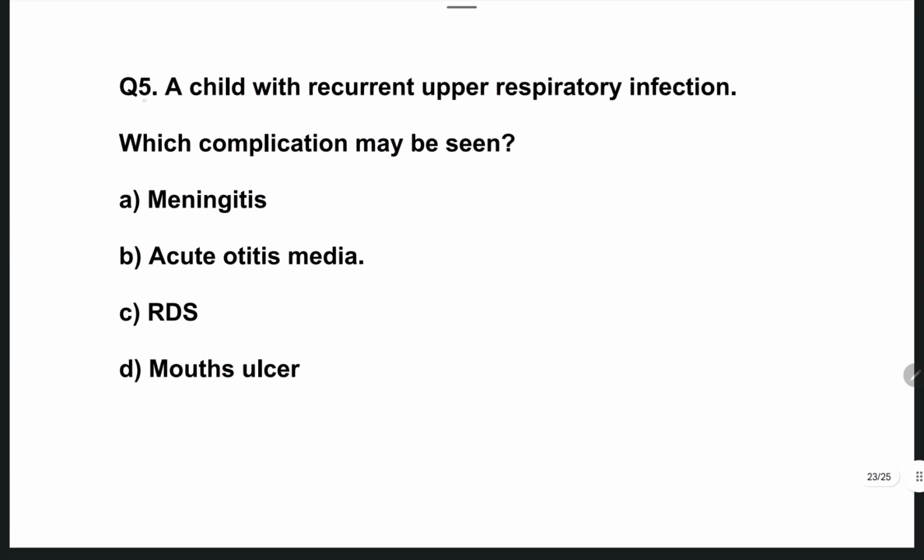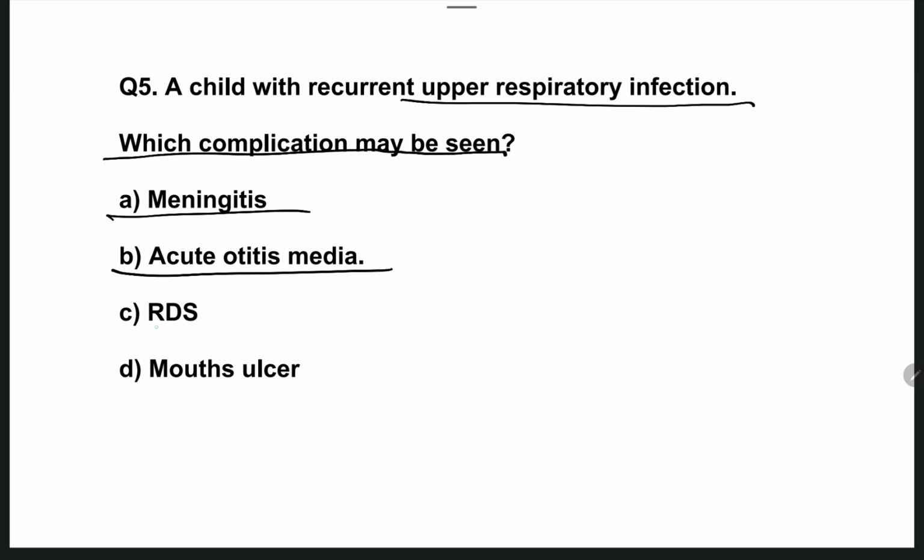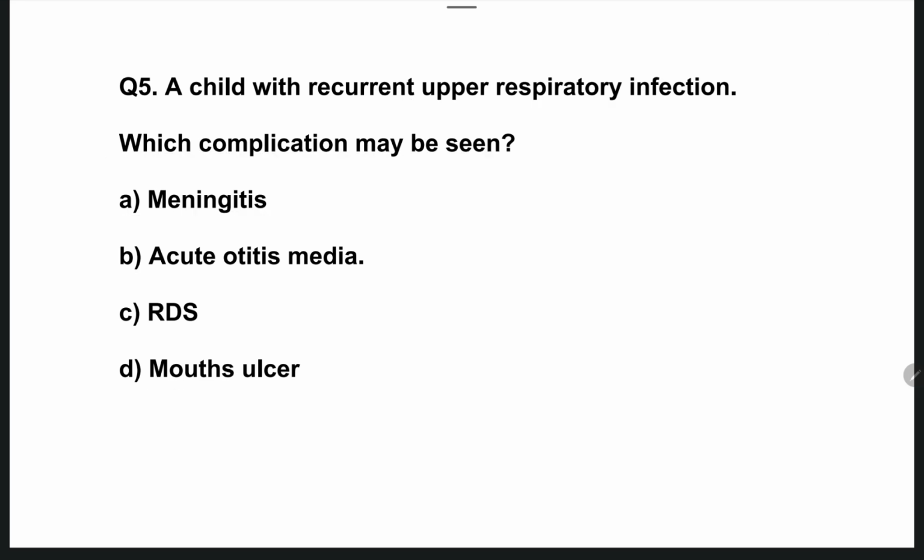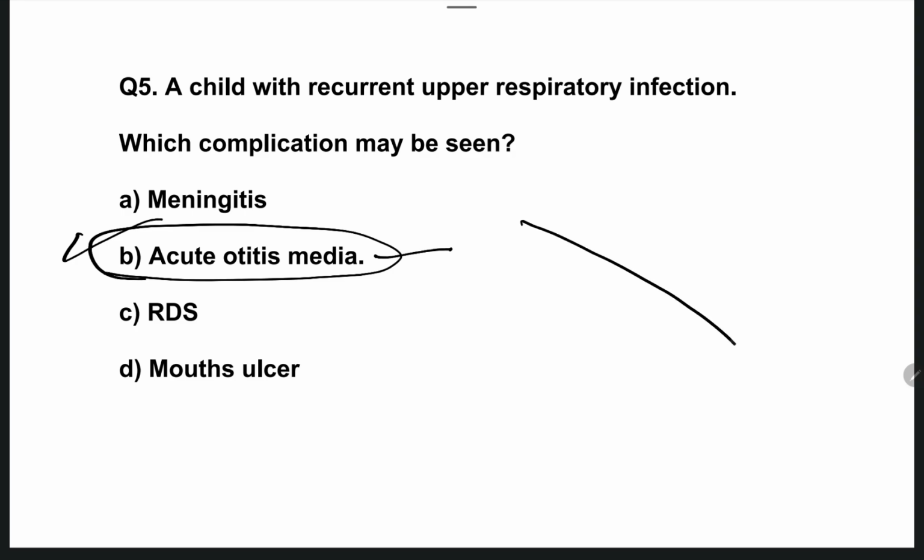The next one is, a child with recurrent upper respiratory tract infections, which complication may be seen? Options are meningitis, acute otitis media, respiratory distress syndrome, and mouth ulcers. The right one is option B, acute otitis media. So why? Because there is a connection between the ear and pharynx. Okay, pharynx, larynx, oral cavity.